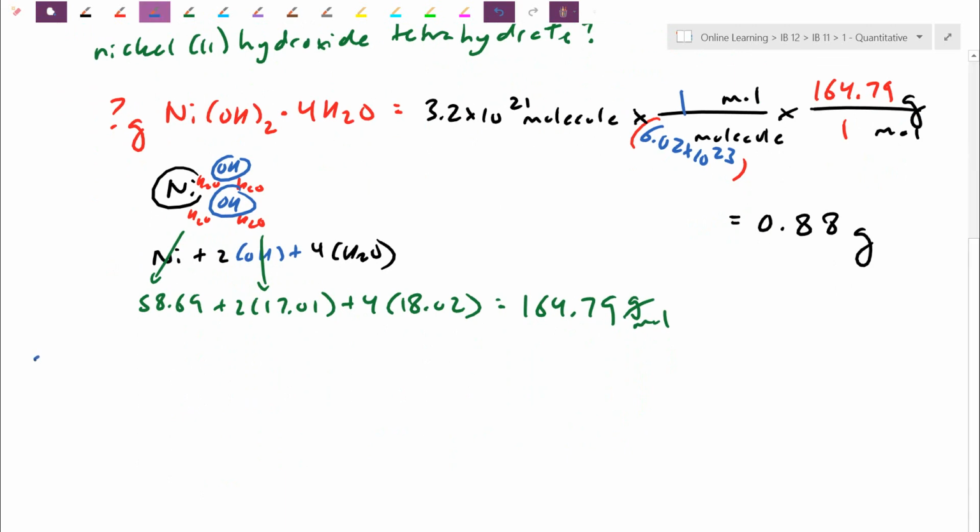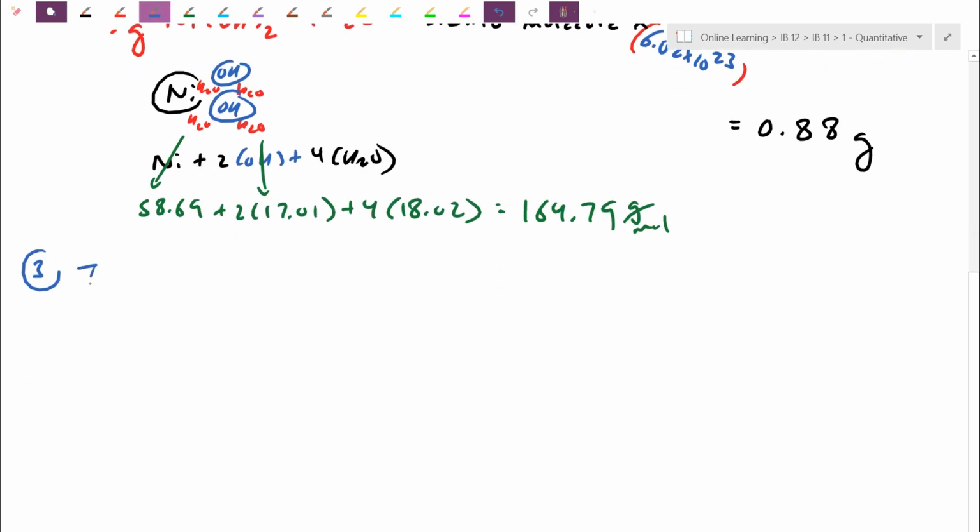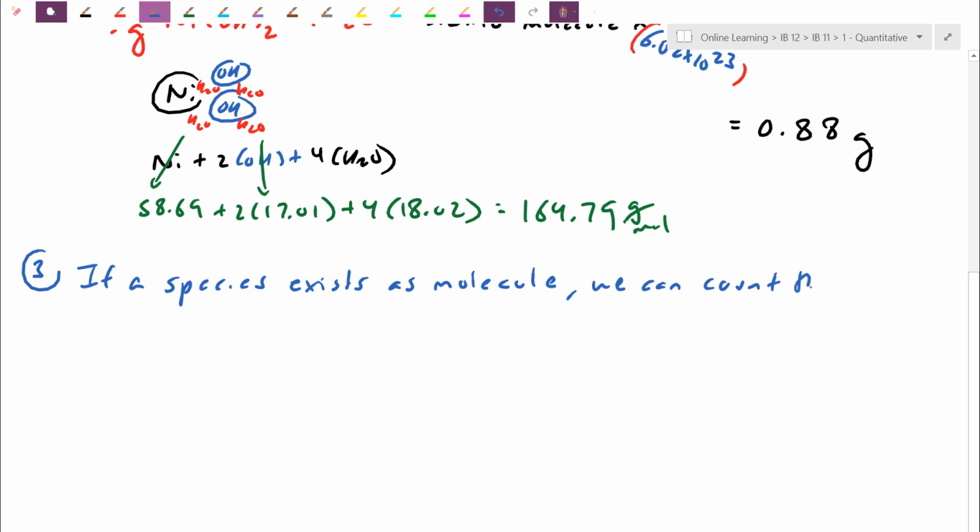Today I'm going to introduce to you sort of the reverse of that one there. So the third conversion that we're going to do. If a species exists as a molecule, so a species is just a generic term for substance, if that thing exists as a molecule, we can count the number of atoms in one molecule.